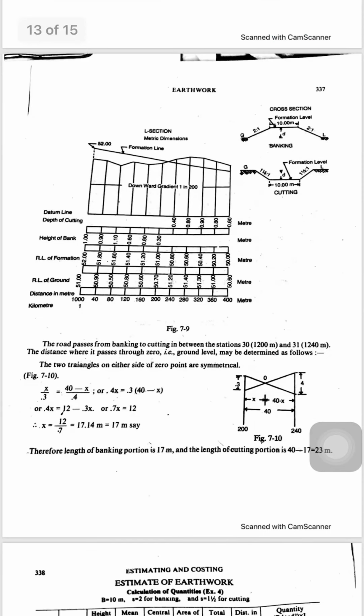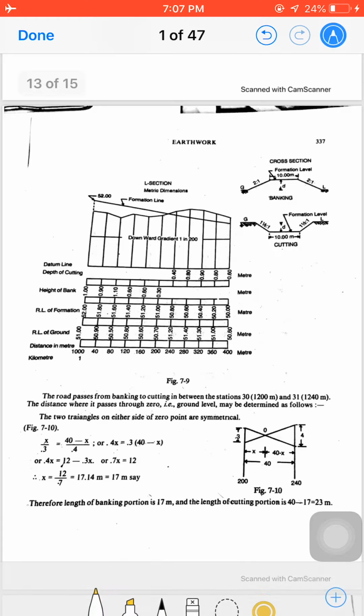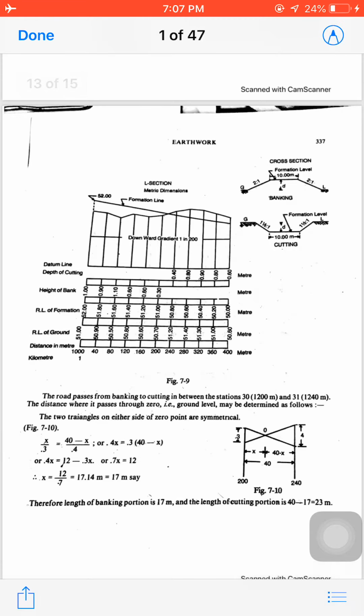So here is the longitudinal section and the cross section. Similarly, like the previous problem, you can draw a table here which will clearly show all the details. I have done it at the last page, that is the example 2.